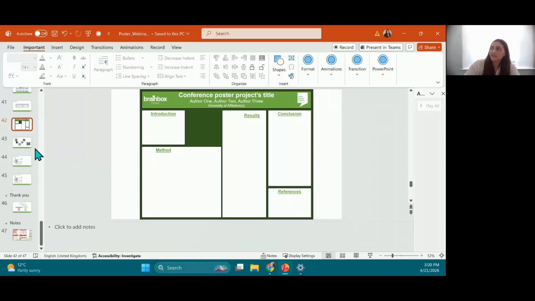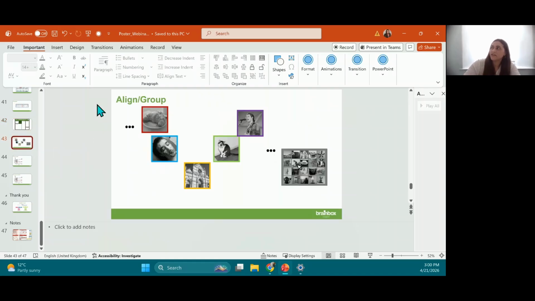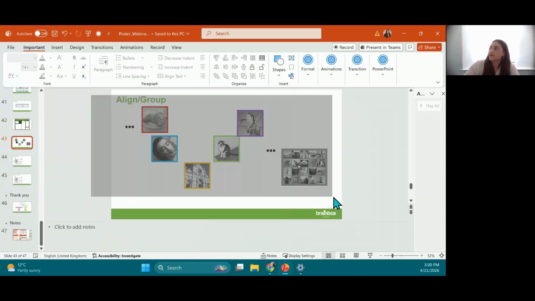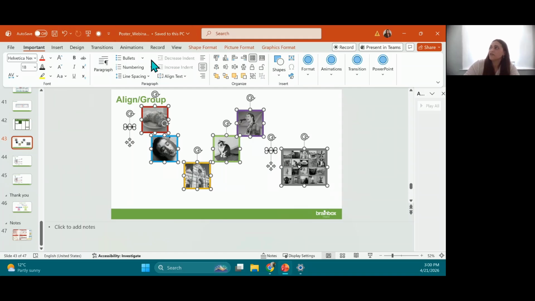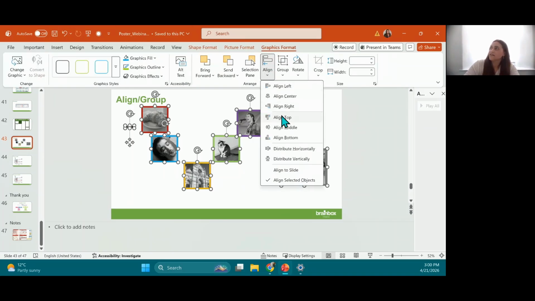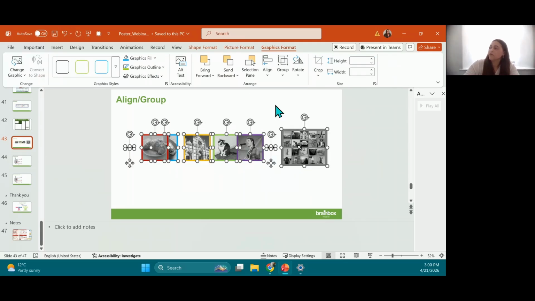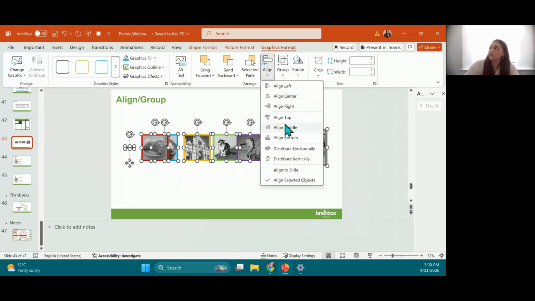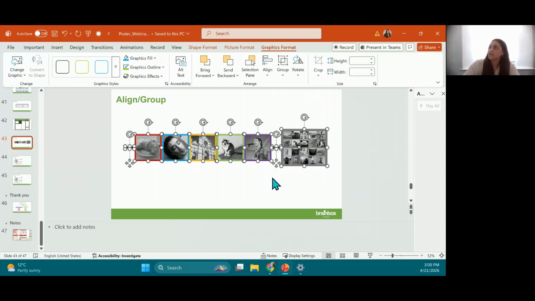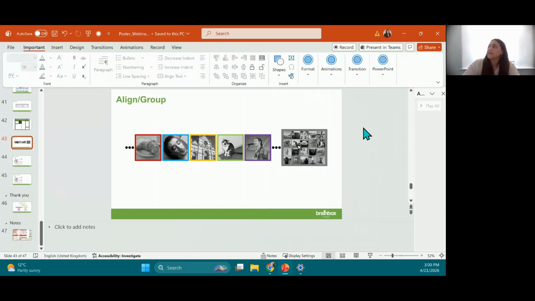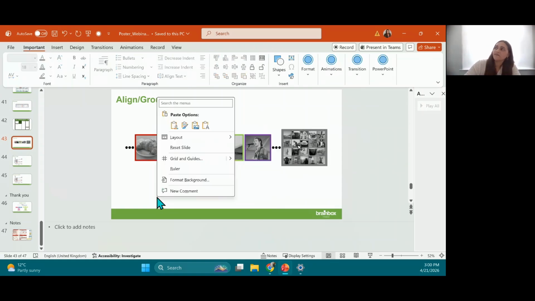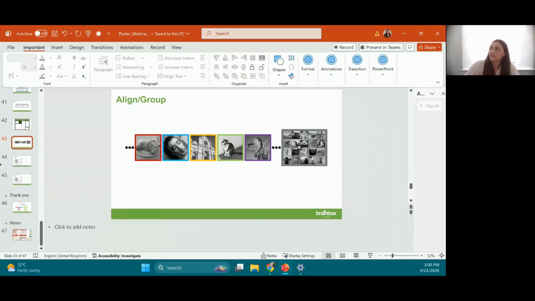You can also align sections to make figures. Go to Graphics Format, Align, and Align to the Middle. Helpful. With Align, you can distribute horizontally so that you can make a solid figure like that. Please use these things. They're nice when you're looking at things.